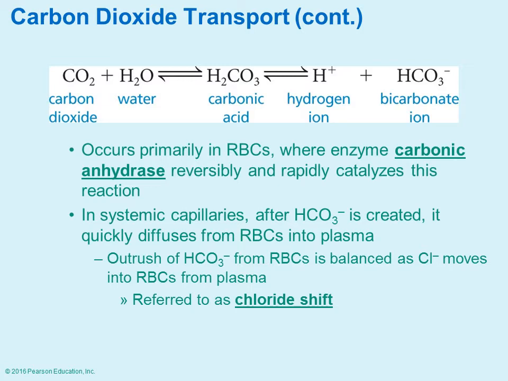Once it is bound to the water to form carbonic acid, this reaction can continue and release one of those hydrogen ions, and you end up with bicarbonate. This is the way that most of the CO2 is going to be transported in the blood.